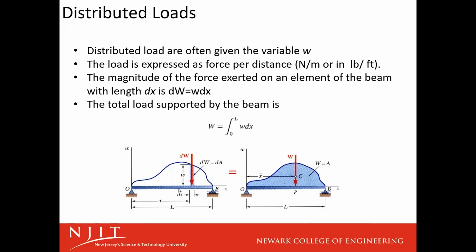So here's our beam representation. We have an x-axis starting at O, going all the way to B, of length L. The weight distribution here, you can see by this profile. Technically, our distributed load, so our weight, is going to be the area under the curve of that weight profile.